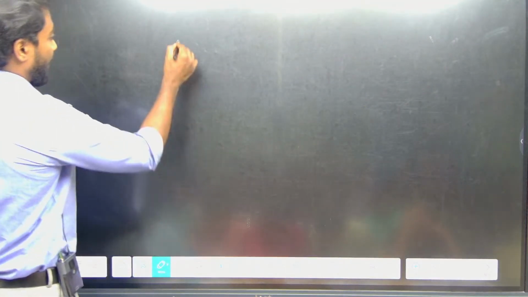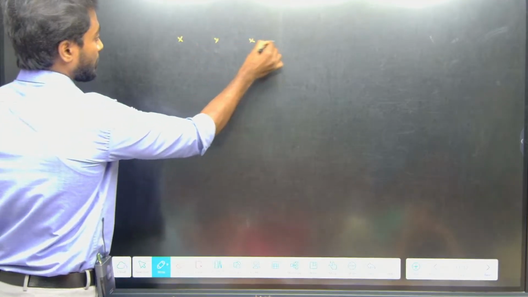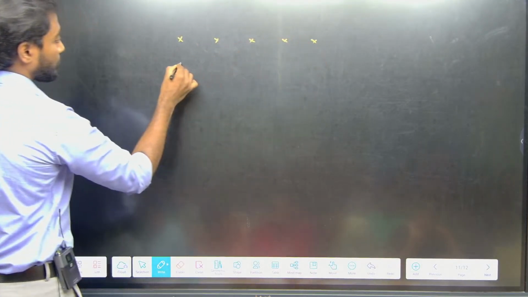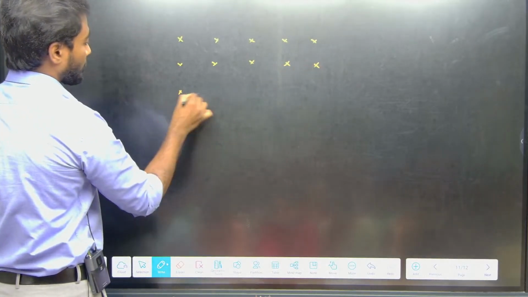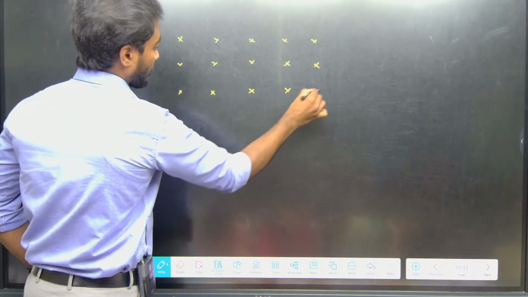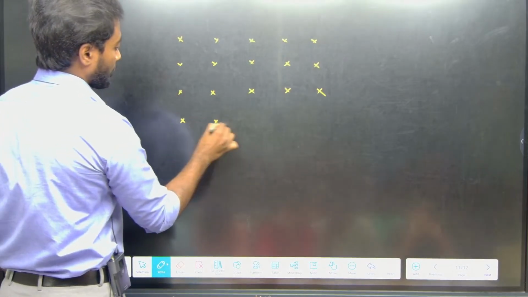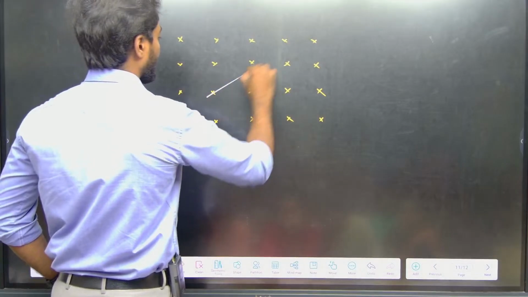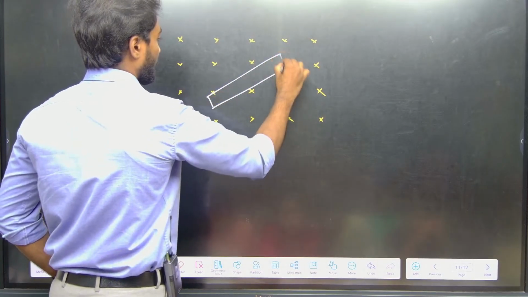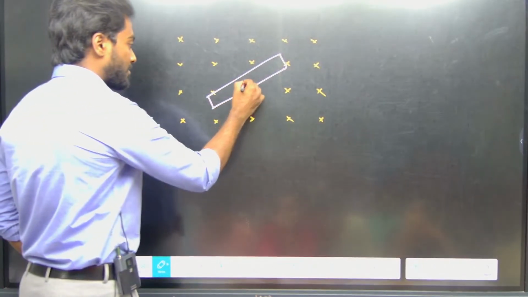Now the case is, I have taken the magnetic field, and now the object is the same rod, but the fixed position I have taken at the center point.